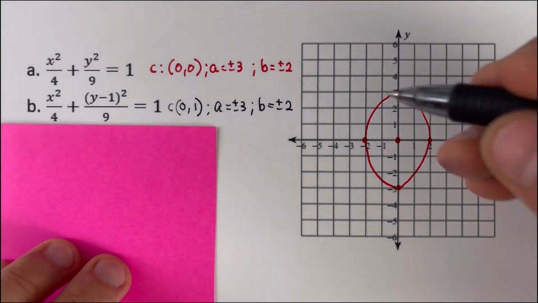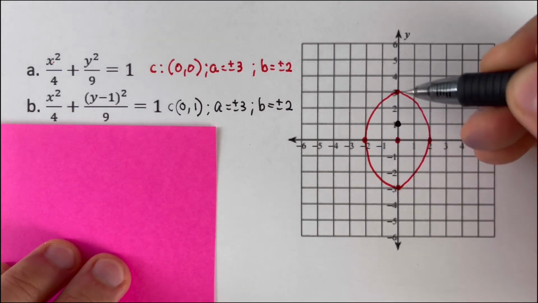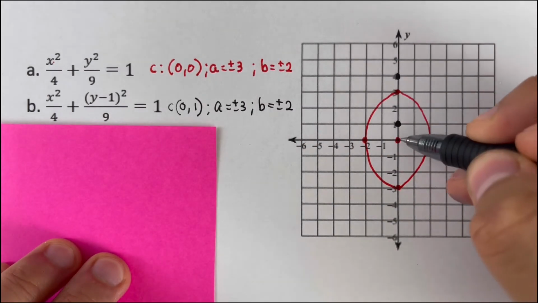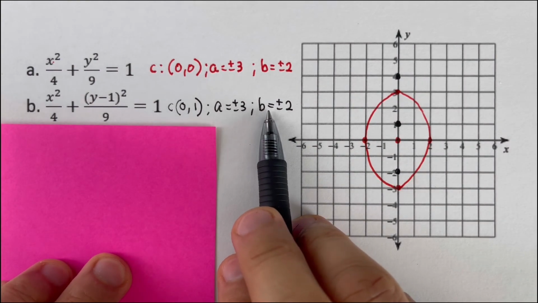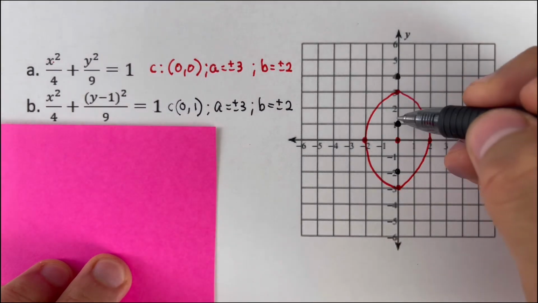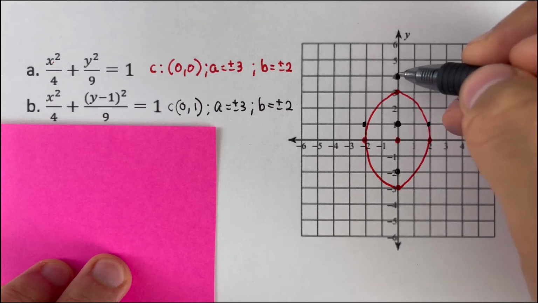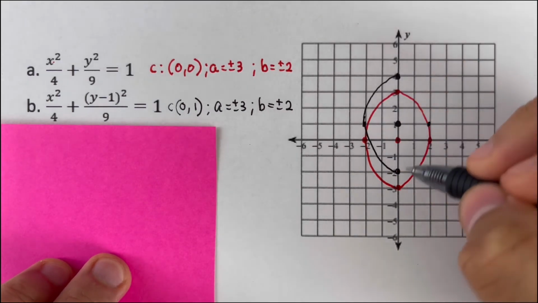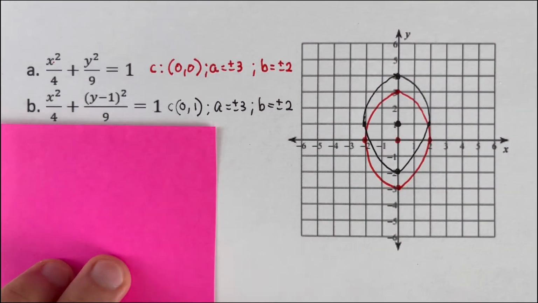So we can go ahead and say that our center is at 0, 1. So that's the center right there. And we count up, down 3. So 1, 2, 3. And then 1, 2, 3. And then this B will determine the co-vertex, which is going to be left, right, 2 from the center. So 1, 2, and then you go 1, 2. So this is the graph of the second ellipse represented by the second equation, letter B, right here.